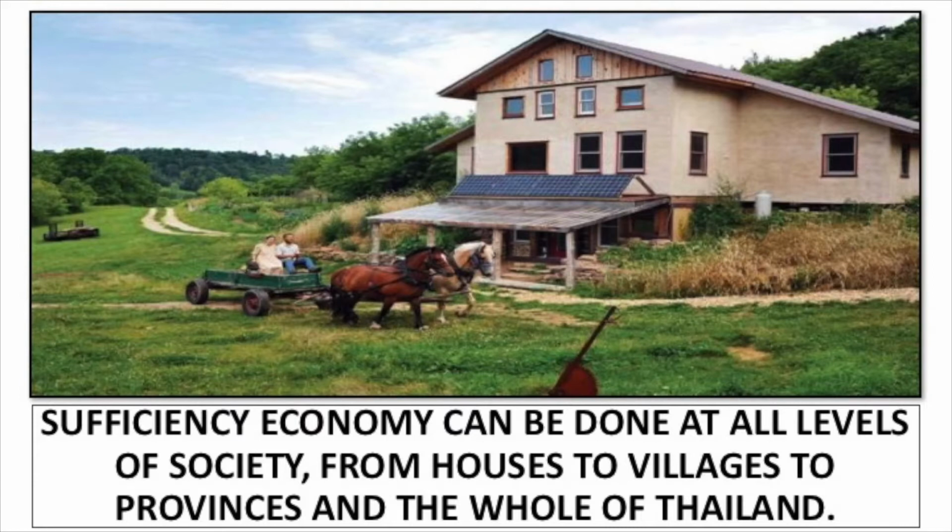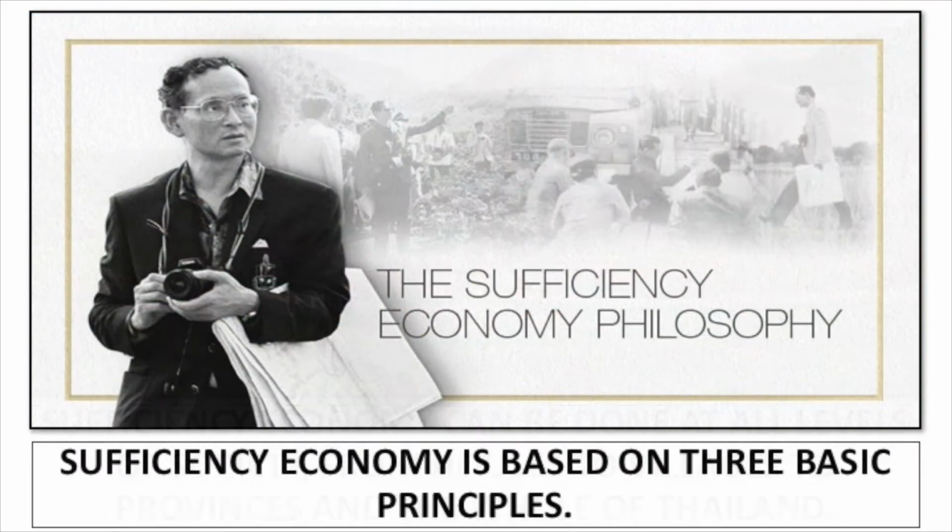So basically what that means is everybody can do it. Even you guys. One person at home can develop their own sufficiency economy. And by working together, you can then do it with your family, your villages, and your towns and cities. And together, everybody can live better.